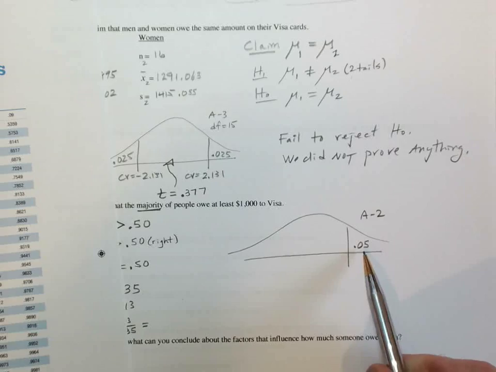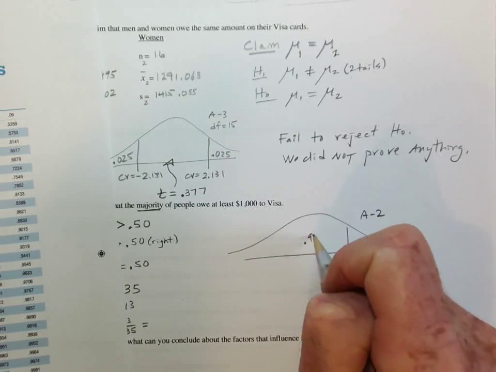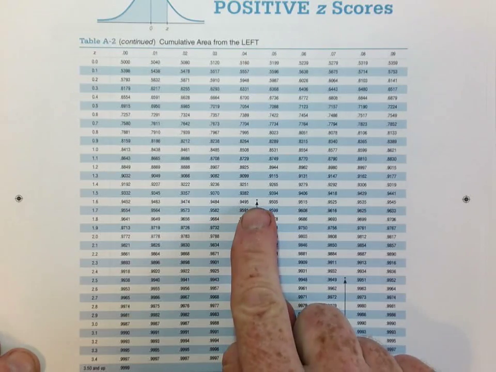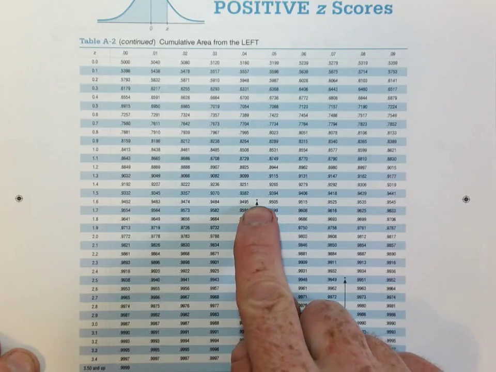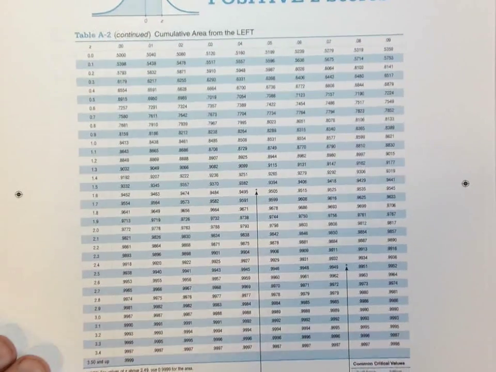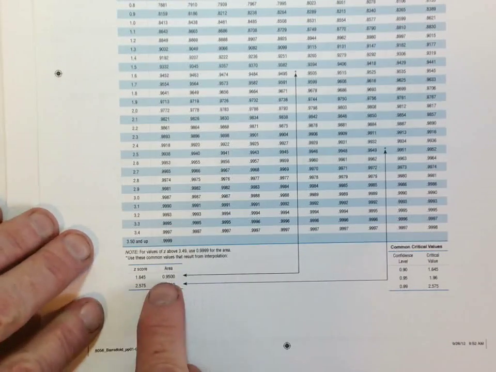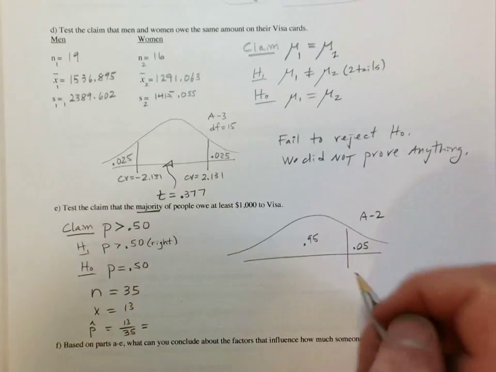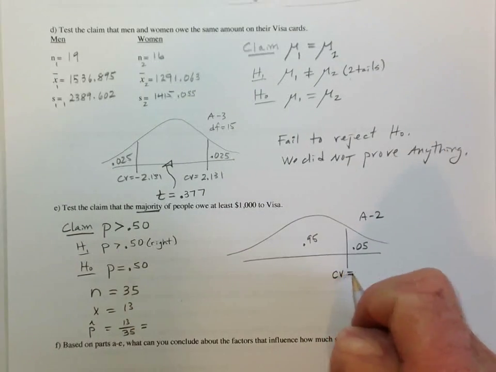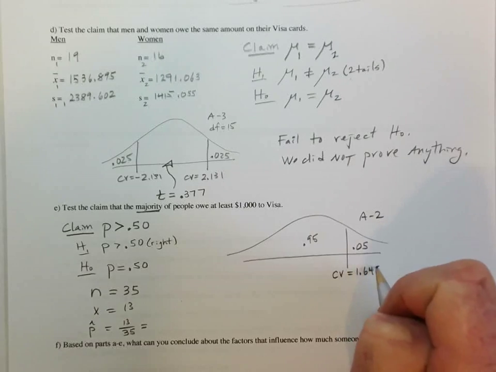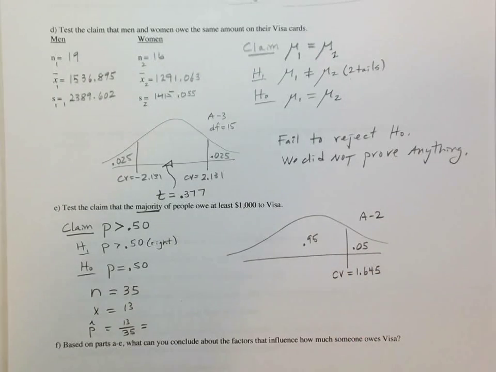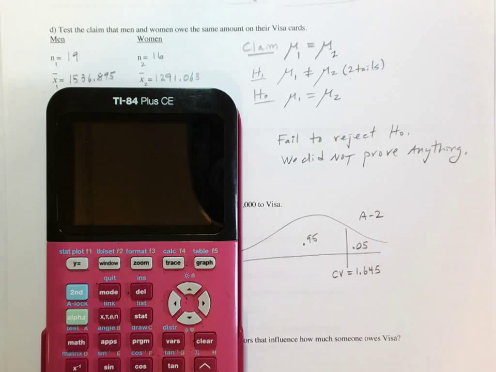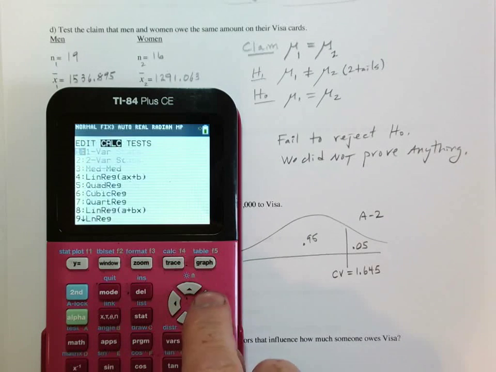If the right side is 5%, then this is 95%. When you look for 95%, you will find there's a tie right here. The little arrow down at the bottom says if you were looking for 95%, the critical value is 1.645. So the critical value is 1.645.